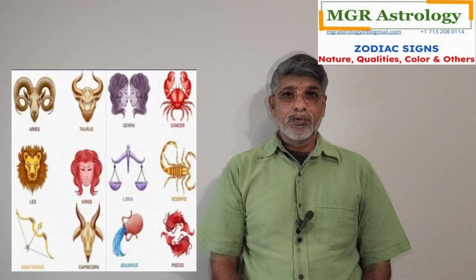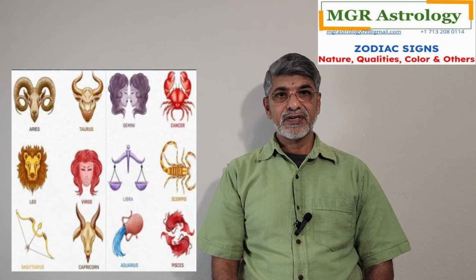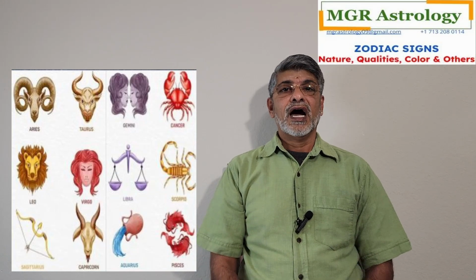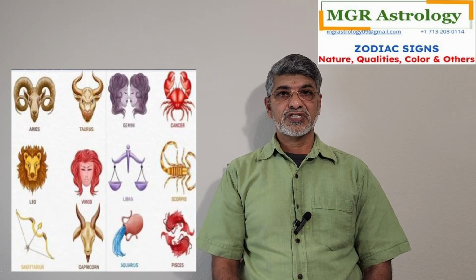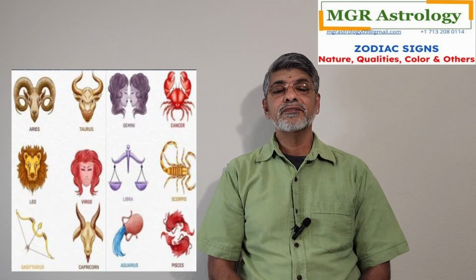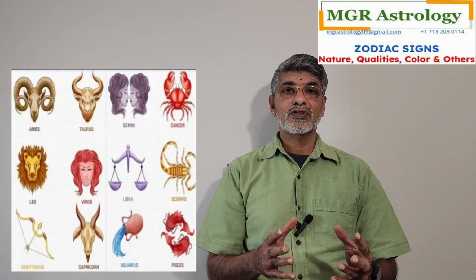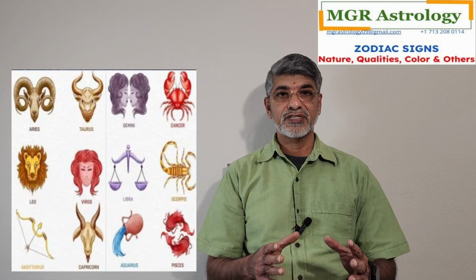The next property of the rasis is mobility. There are three mobility qualities, namely movable rasis, fixed rasis, and dual rasis. Movable is a dynamic, ever-changing quality, and fixed is a more constant and earthy quality, for people who are firm. And dual is the quality where both dynamic and constant, and based on the situation they will act.